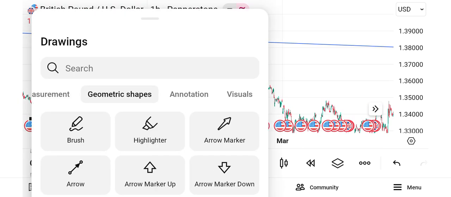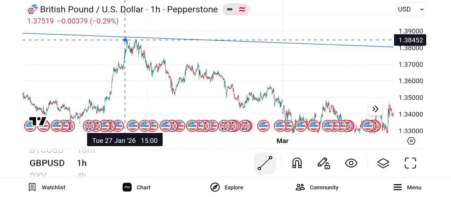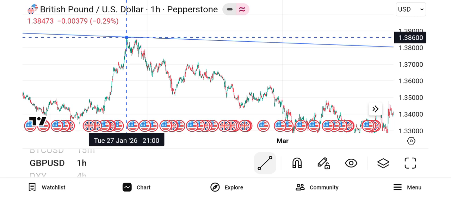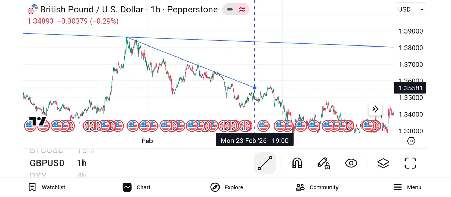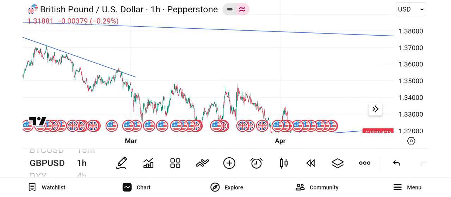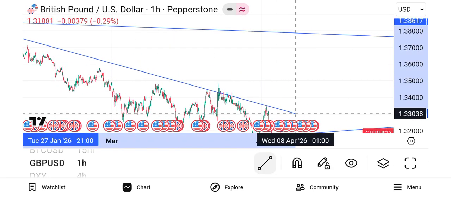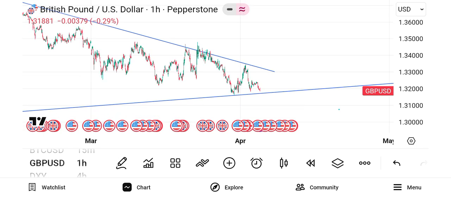I have here also another peak. This is a peak, and this also is a peak, but that's not where price is currently at. This is where price is currently at. So yeah, we have it.